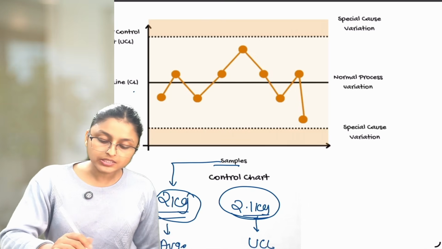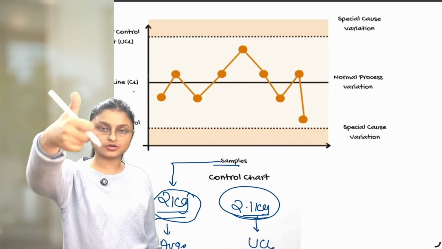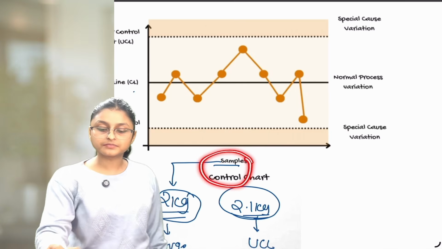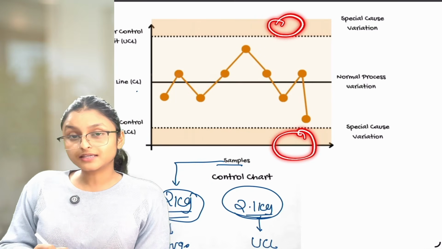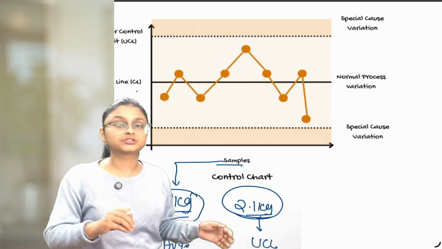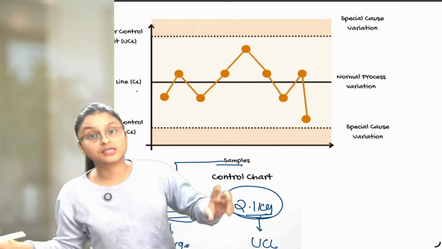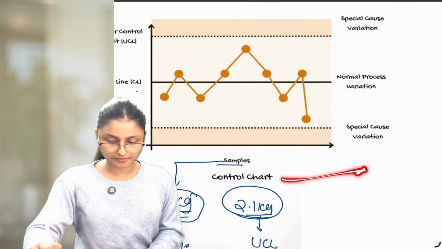So if all the samples are between these limits, then we will say that the whole batch is good. But if in the sample there is some output which goes outside, then we can say that there are defects in this particular batch and we need to correct our processes so that this defect doesn't happen again. Done. This is how control charts work.